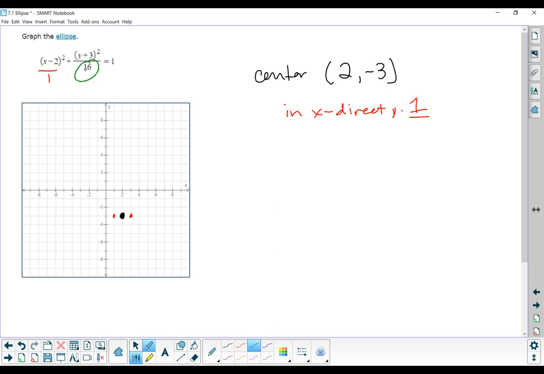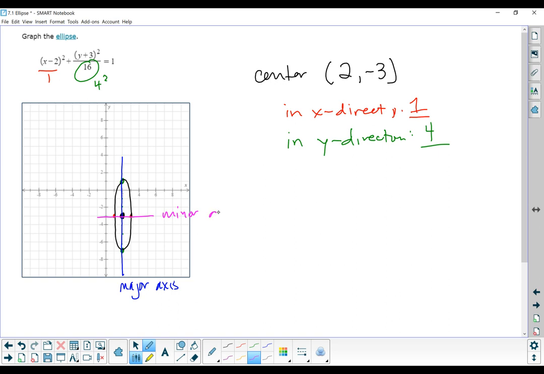Then in the y direction, we're going to count out 4: 1, 2, 3, 4 in each direction. Whichever axis is longer is called the major axis, and whichever axis is shorter is called the minor axis.